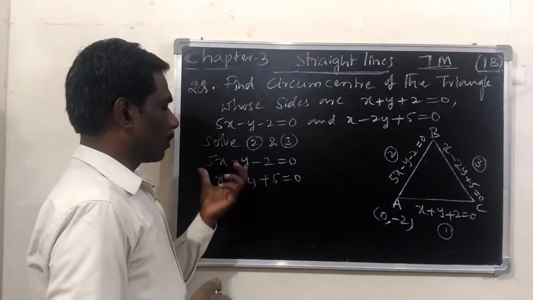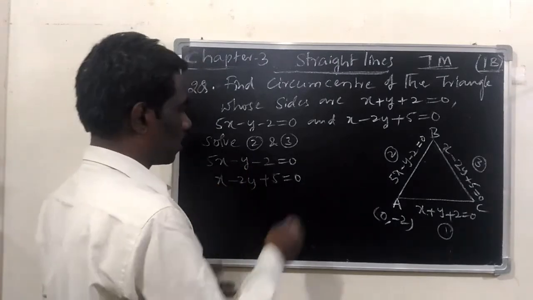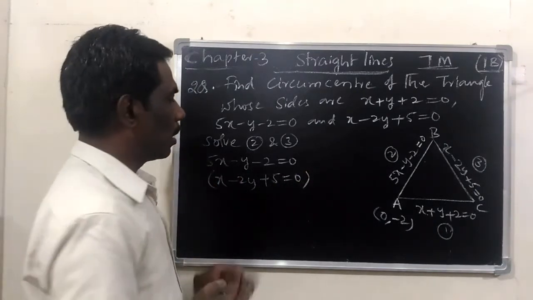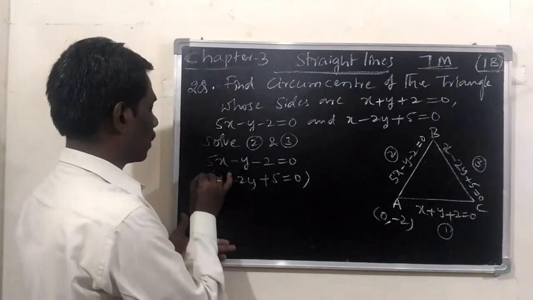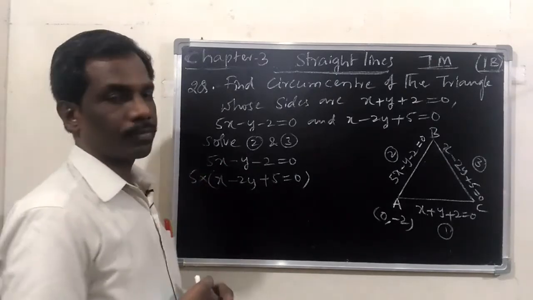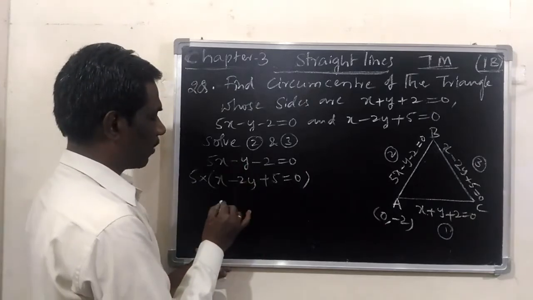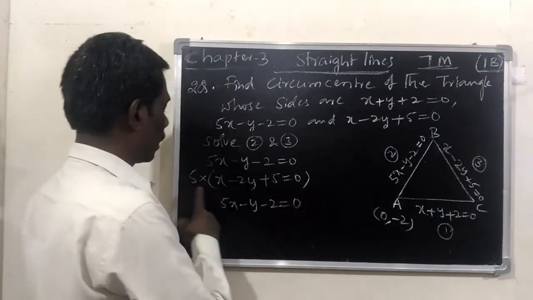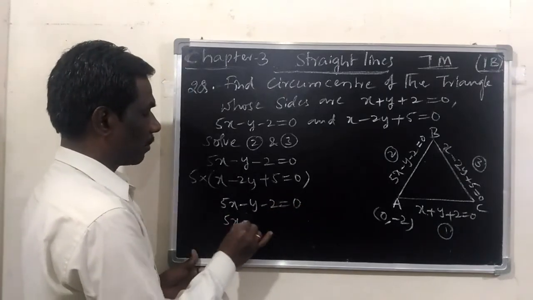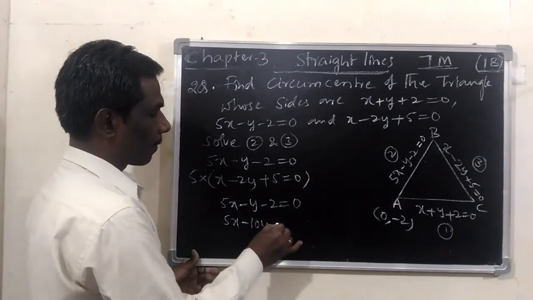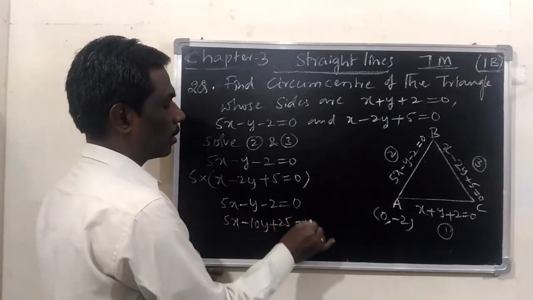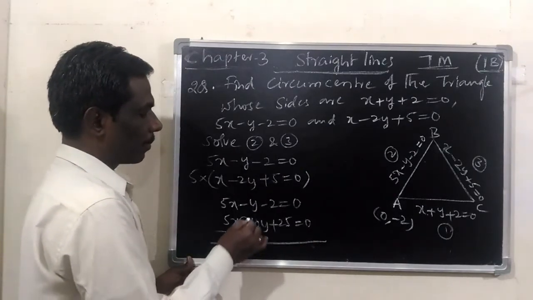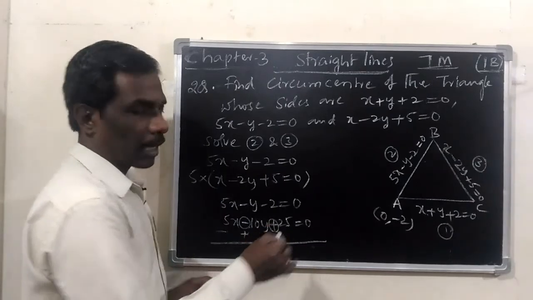The x coefficients are not equal, so to equalize the x variable, I am multiplying the third equation by 5. Write the second equation as it is, 5x minus y minus 2 equal to 0, and 5 times the third is 5x minus 10y plus 25 equal to 0. Change their signs: minus becomes plus, plus becomes minus.